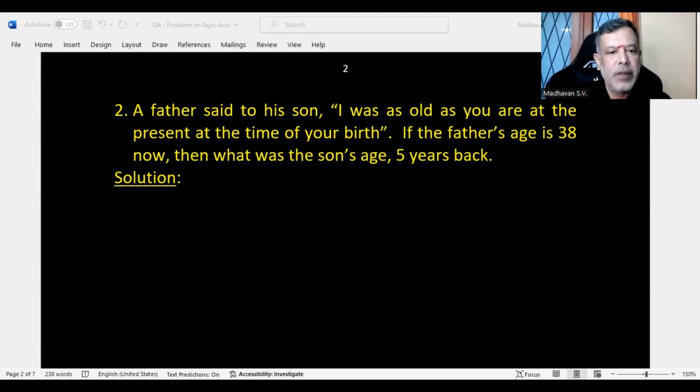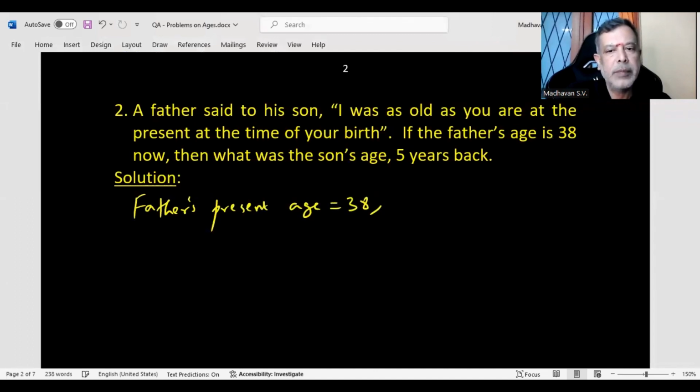Here, they gave us the father's present age as 38. Let the son's present age be x.